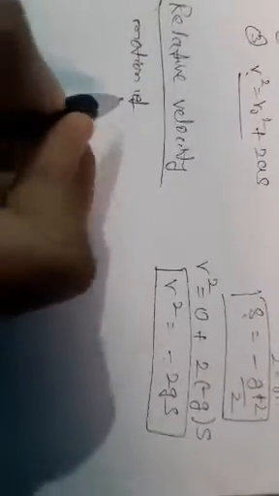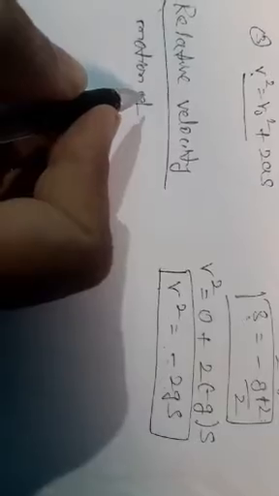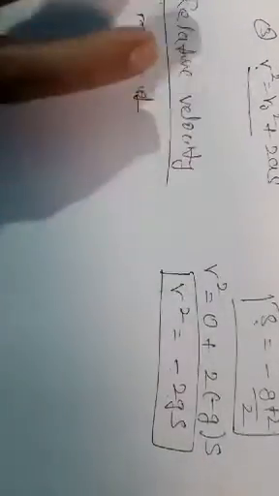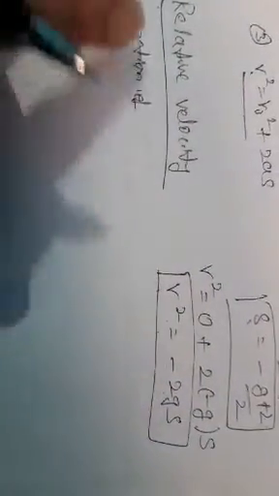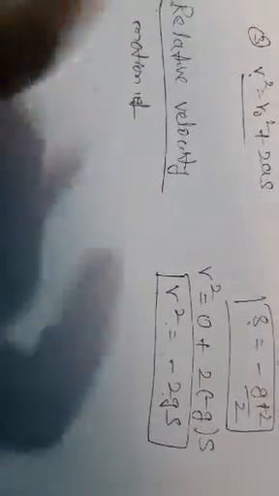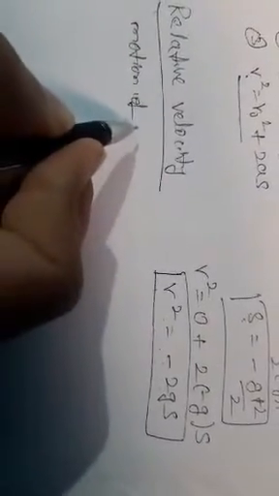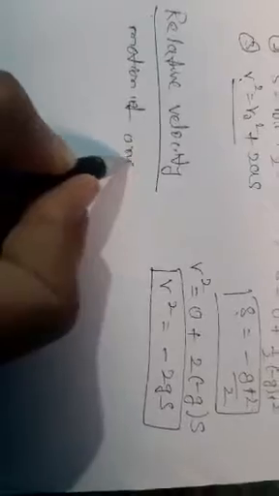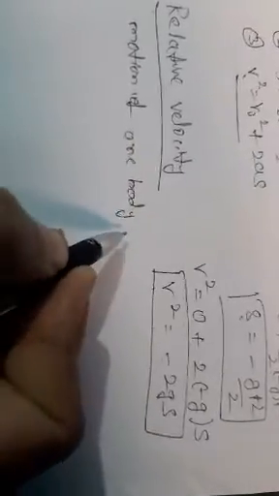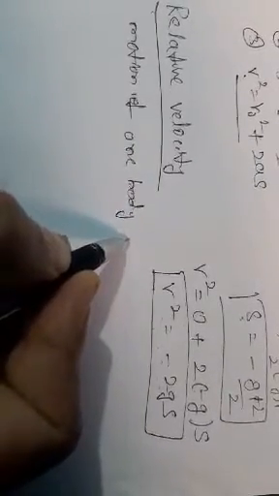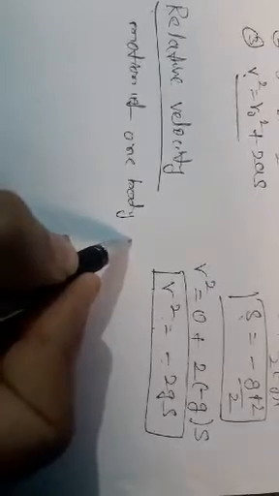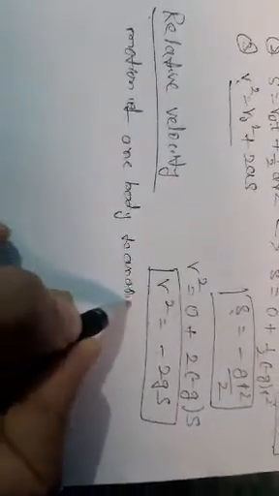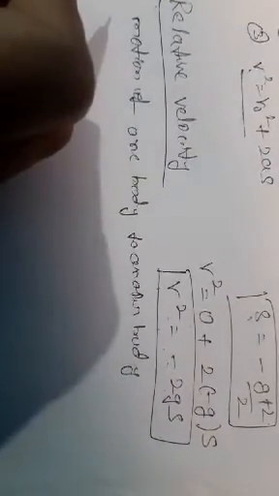Motion means the movement of a particle, from an initial position to a final position. That is called motion. So the motion of one body with respect to another moving body is called relative velocity.